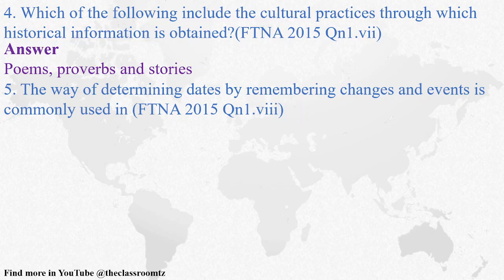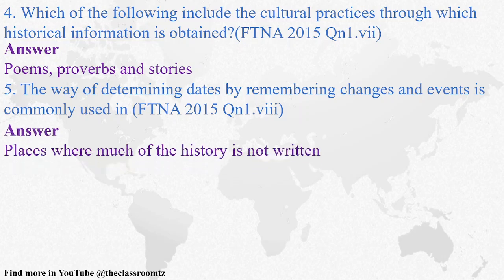But today, they ask us to name where the method of remembering events is commonly used. They need us to apply it to the area where people determine dates by remembering events. The answer is places where much of history is not written.